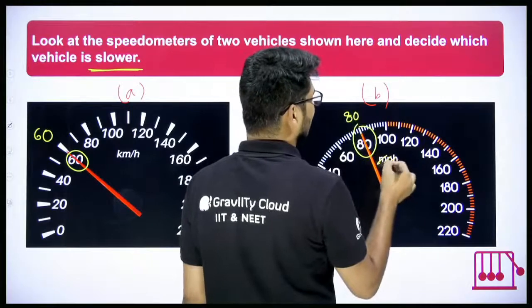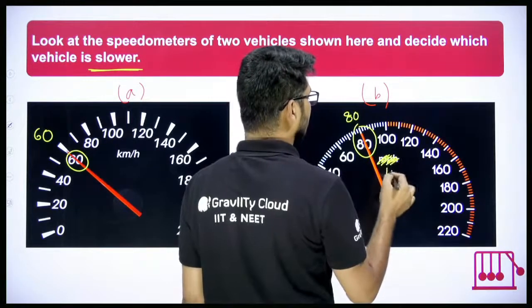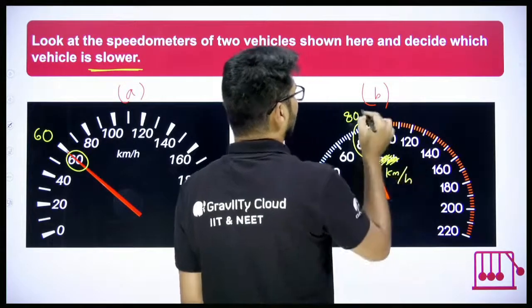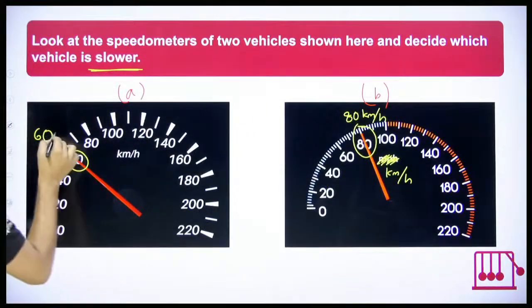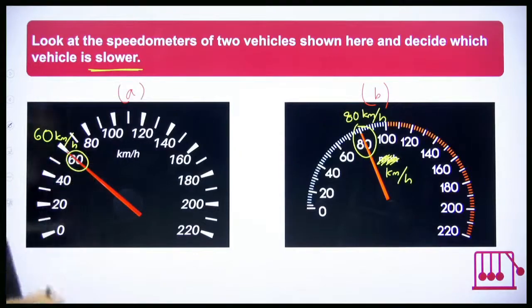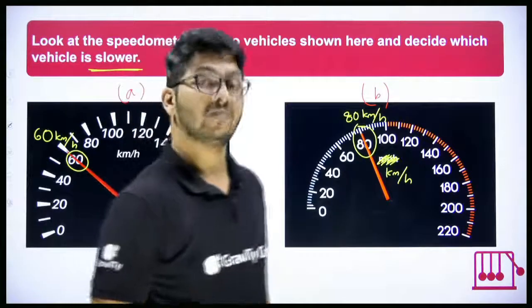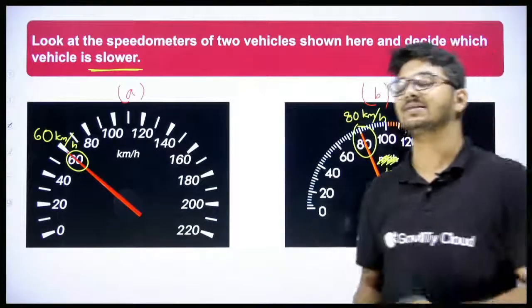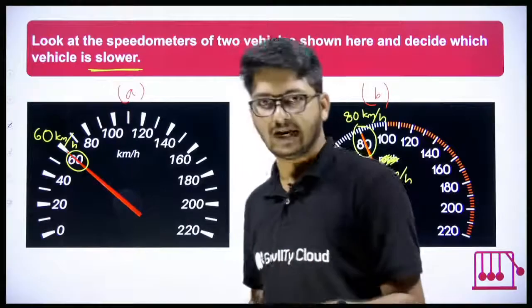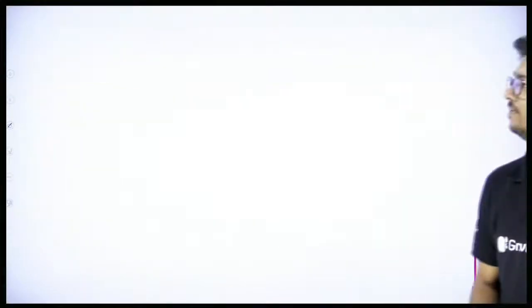Let's just take it as kilometer per hour to avoid confusion. So 80 kilometer per hour, 60 kilometer per hour. Then obviously, 60 kilometer per hour is the slower vehicle. Clear? Understood? Good. Let's continue.